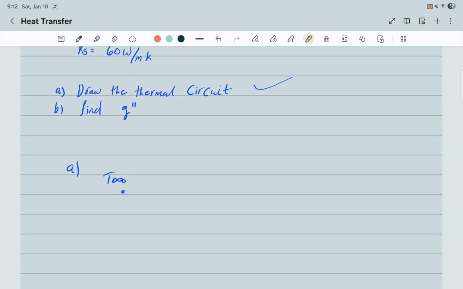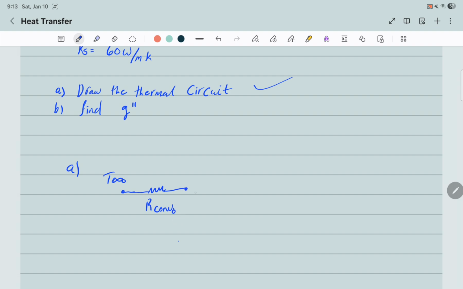So starting off with the first temperature, the outer surrounding temperature, that goes through. Some of that temperature is lost to the convection resistance. I'll say convection 1, or the outer convection.